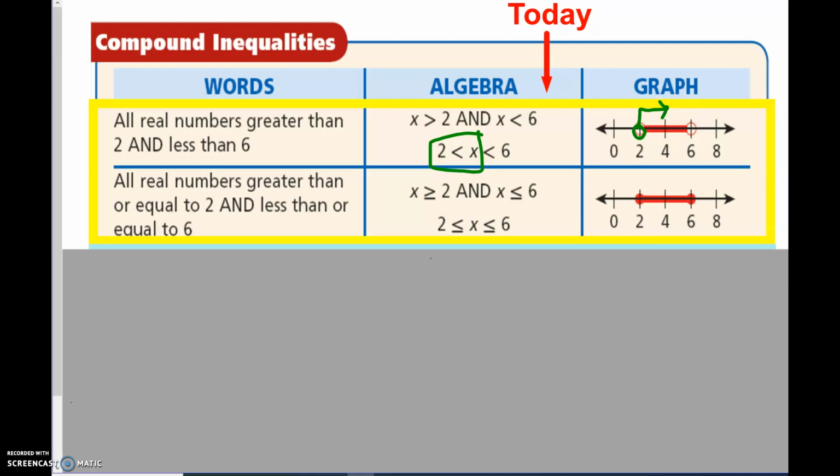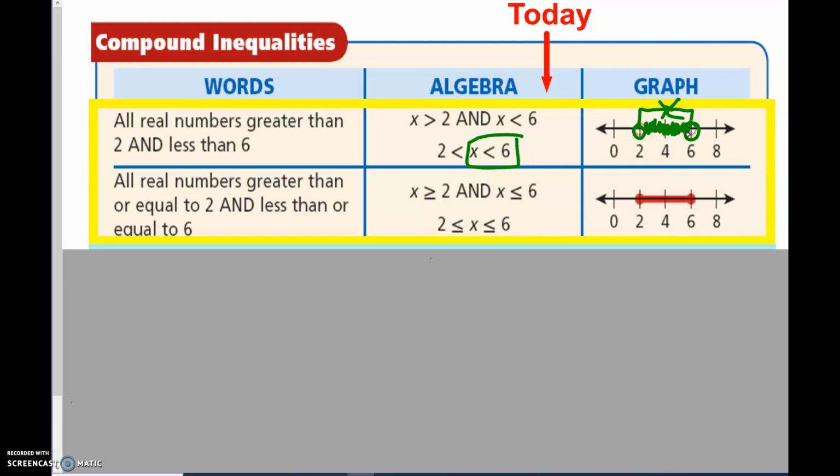Now, if we erase this, and we look at that statement from the other end, it says any number less than 6. So we have the open circle here and less than, and you see where those two lines are facing each other. So where they're overlapping, where every number fits the same, is where we are here between them.